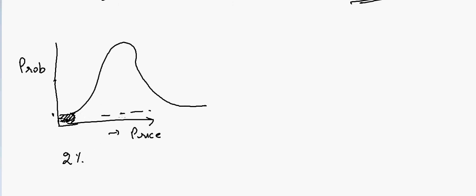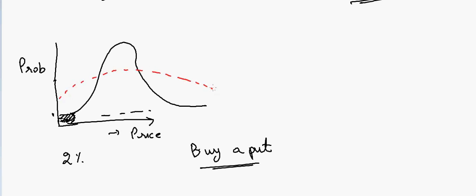So what you can do is buy a put, right? Now as time progresses, you will lose money on the put because there is theta, but eventually there will be a panic in the market. When there is a panic in the market, the situation will look something like this, right?